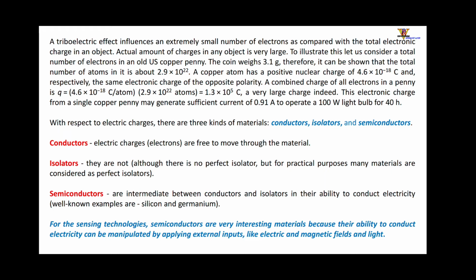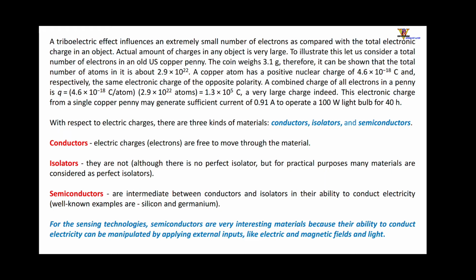For sensing technology, semiconductors are very interesting materials. Why are they interesting? Because their ability to conduct electricity can be manipulated by applying external inputs like electric charge, magnetic field, and light. So conductivity can be changed by applying electric charge, magnetic field, and light.